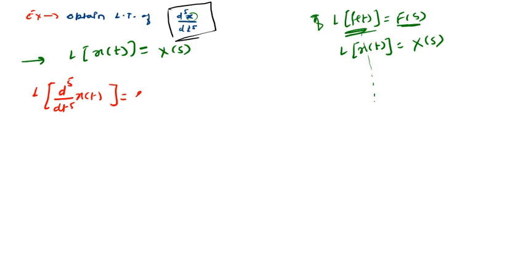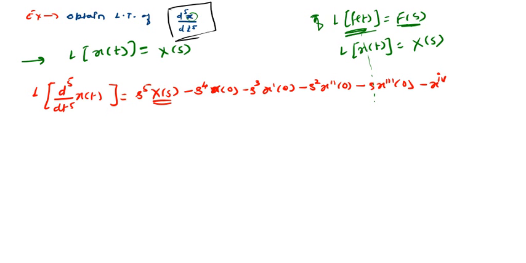This will be s to the power 5 x of s, instead of f of s there will be x of s, minus s to the power 4 x of 0, minus s to the power 3 x dash 0, then minus s square x double dash 0, minus s x triple dash 0, minus the fourth derivative of x at t equal to 0. So this will be the Laplace of the fifth derivative of the function x of t with respect to t.